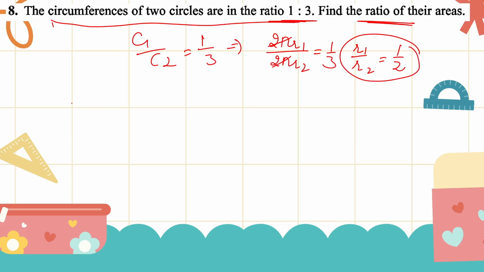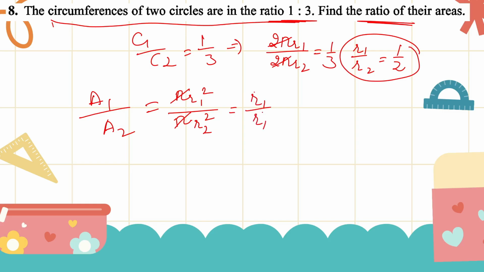Now we have to find the ratio of their areas, meaning area of 1, area of 2. Area of 1 is pi R1 square over pi R2 square. Pi will be cut with pi. R1 and R2 we can write R1 over R2, or you can take small r, capital R also.